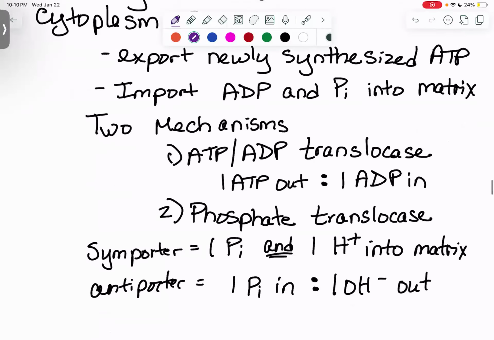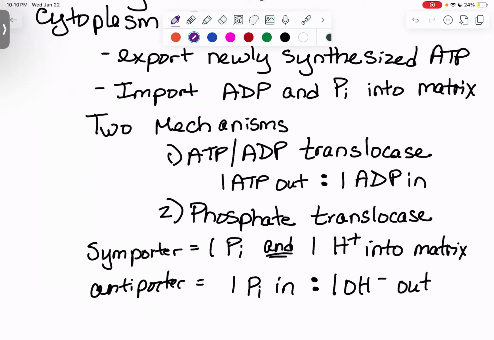So there are really two ways that this happens. We have ADP and ATP translocase. For every one ATP that goes out, one ADP comes in. And we have a phosphate translocase. We actually have two different kinds. One's a symporter, one's an antiporter.